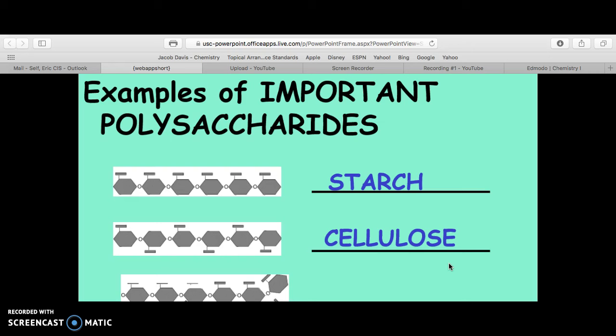Those are plant sugars. And then the last type, of course, is glycogen. And glycogen plays another important role, and we'll talk about that more as we go. But these are three very important polysaccharides to your body. And keep in mind, we're going to refer to our body as much as possible and the roles that these play in our body, because your project next week will incorporate being a medical doctor and seeing how things malfunction and how they can be corrected.